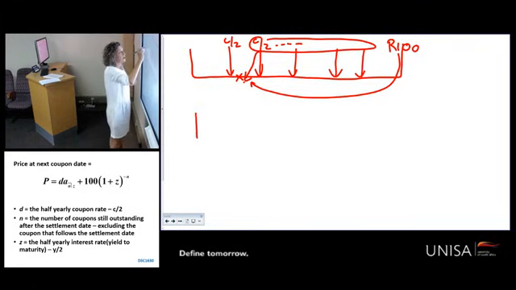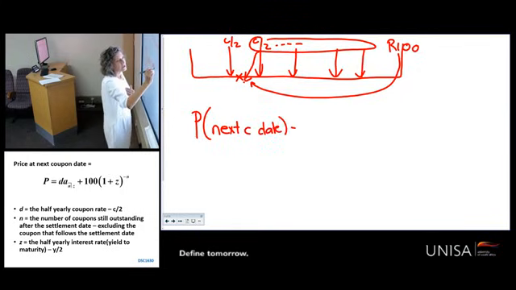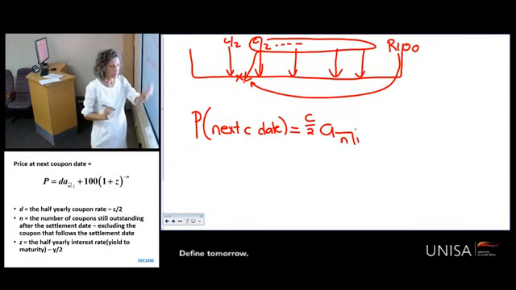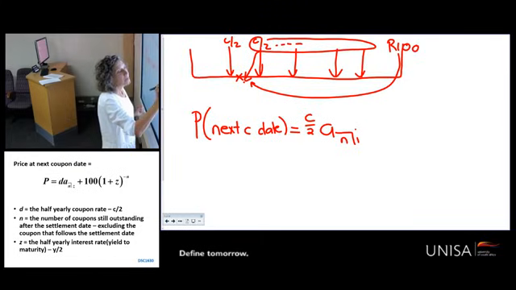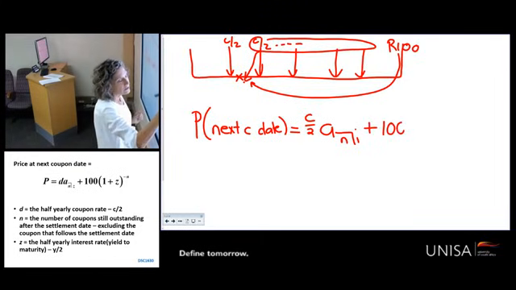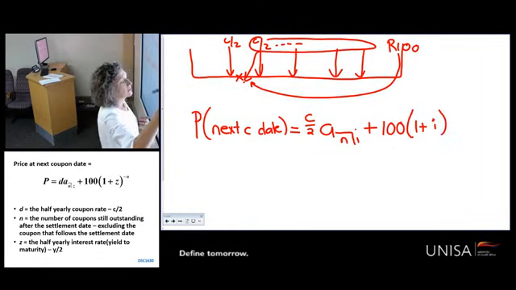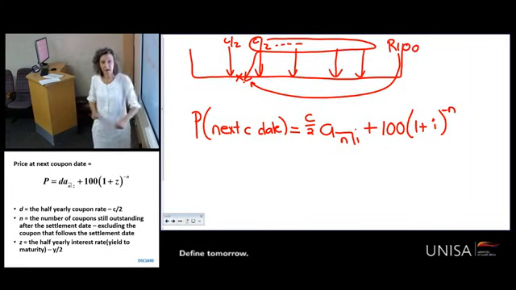So our present value at our next coupon date is then our C over 2, a angle N at I, I'll talk about N and I just now, plus the 100 Rand that we divide by or multiply by the interest component, to the power minus N. Now what is N and what is I?